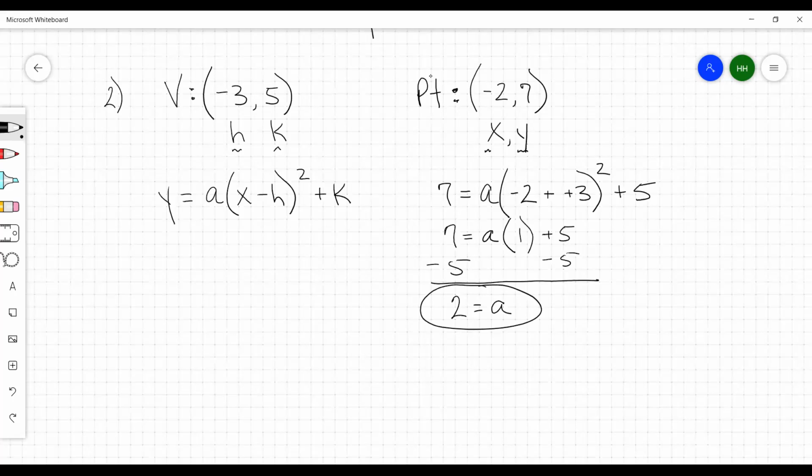Now you're going to use the a you just found, and the points from the vertex, to write the equation in vertex form. So now we have y equals 2 times (x plus 3) squared plus 5.